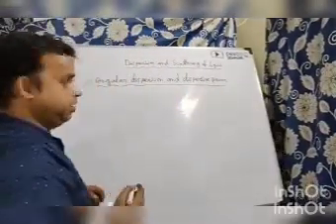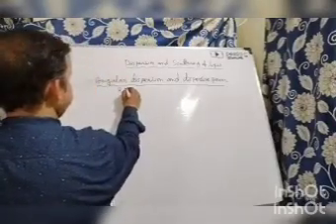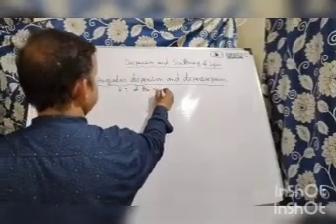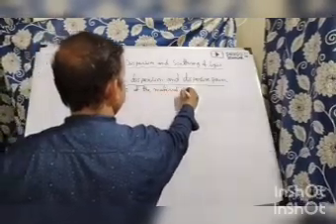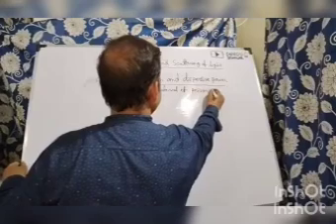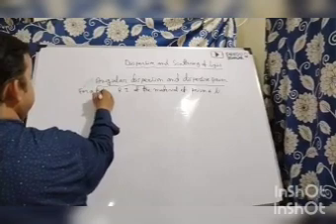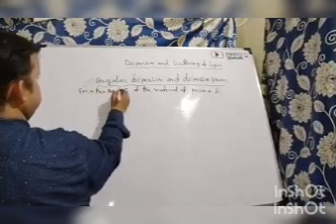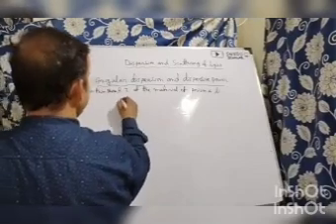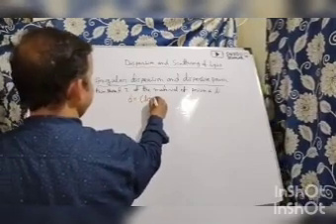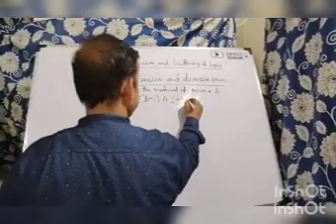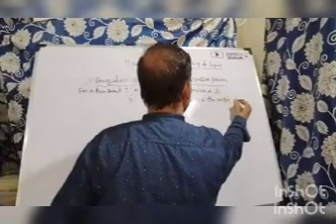For a thin prism, if the refractive index of the material of the prism is mu, then what we know, angular deviation delta is equal to (mu minus 1) into A, where A is the angle of prism.